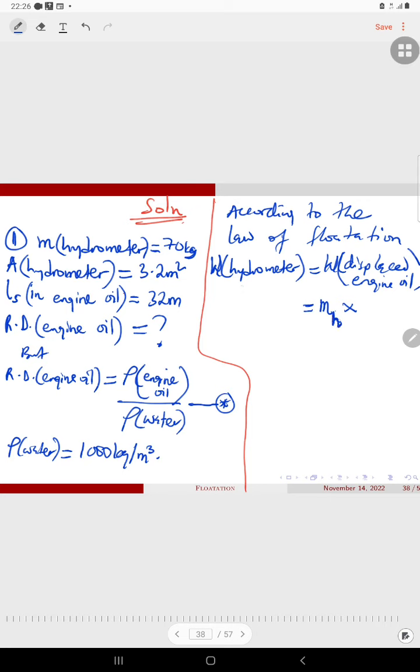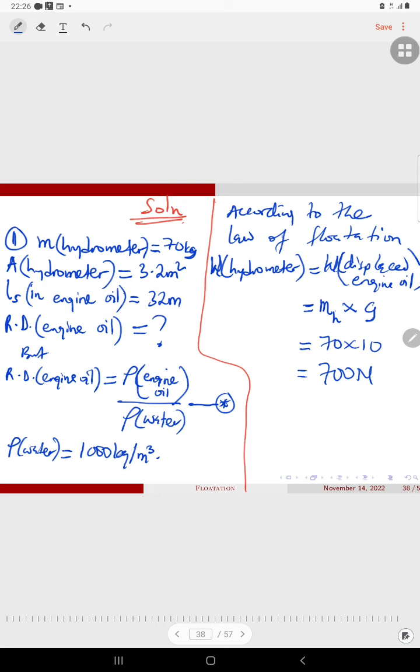The weight of the hydrometer can be calculated as the mass of the hydrometer times g. So what do we get? That is 70 times 10, and this becomes 700 newtons.